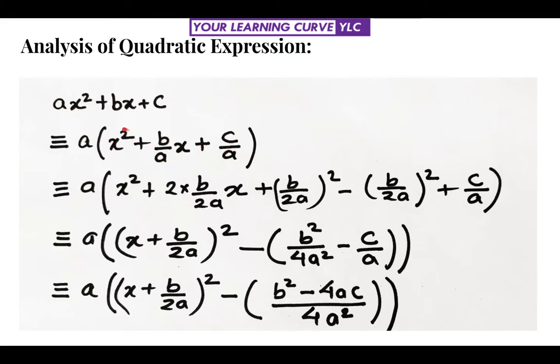Now we have got a term a square. We need b square, so that if we use the formula a plus b whole square, a square is x square, b square is the number, and 2ab is this term. So a square is this term, 2ab is this term.